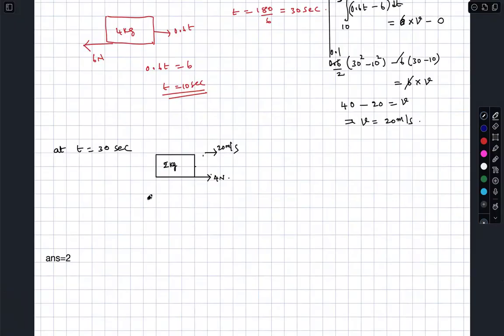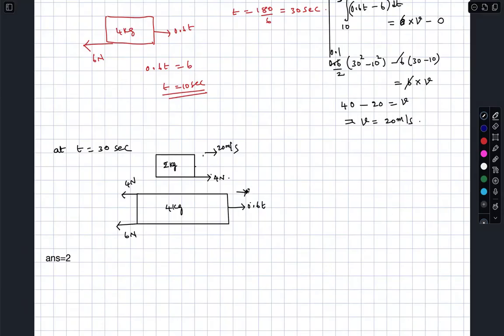Now, thereafter, the lower one I am speaking about has 6 newtons, 0.6t.